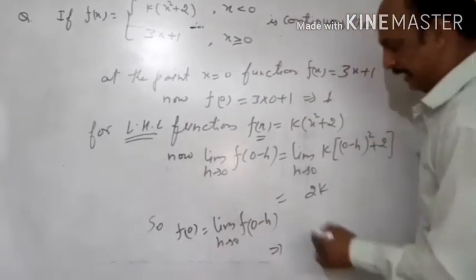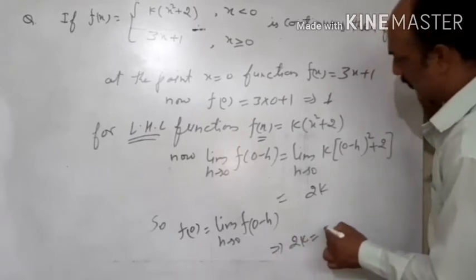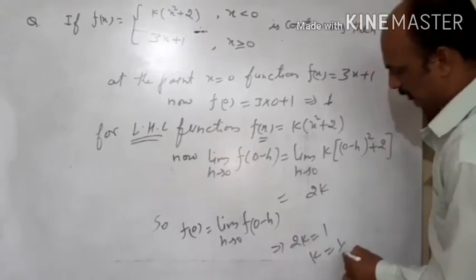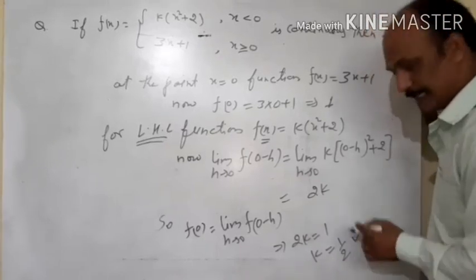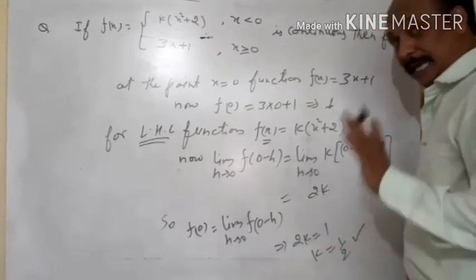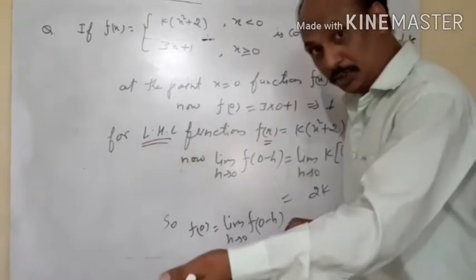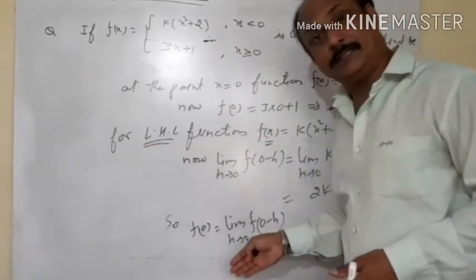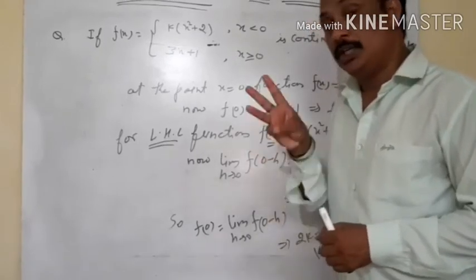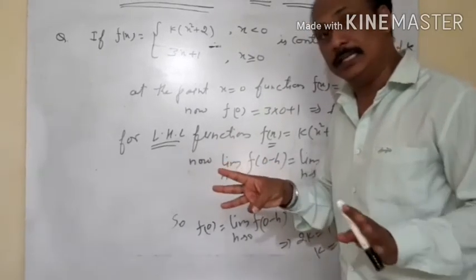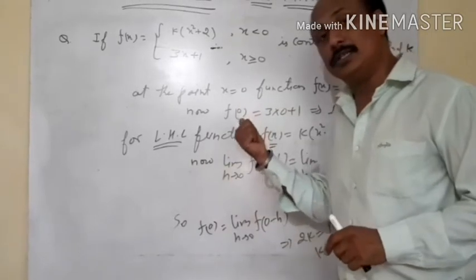Then we get 2k is equal to 1, so k is equal to 1 by 2. So that is our answer. Can we calculate some other questions based on this pattern? Beta, you have to keep in mind, for time saving, we do not have to calculate all three conditions in these questions.